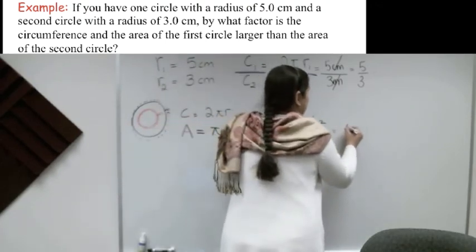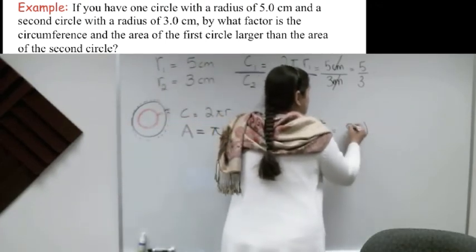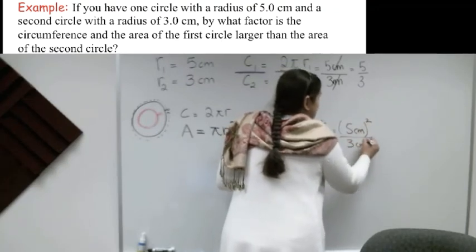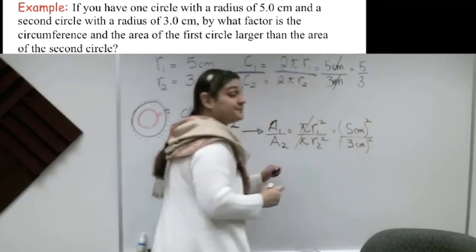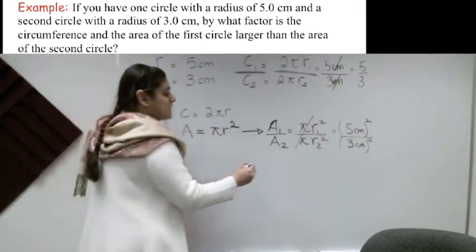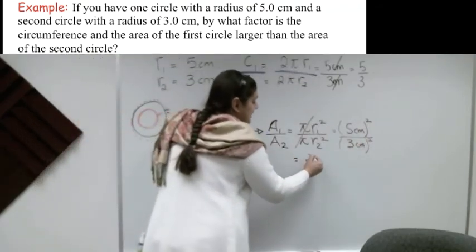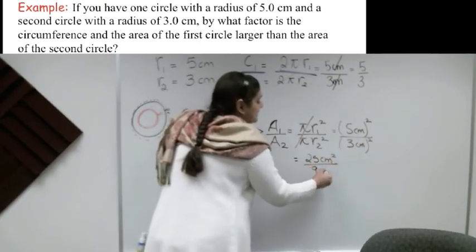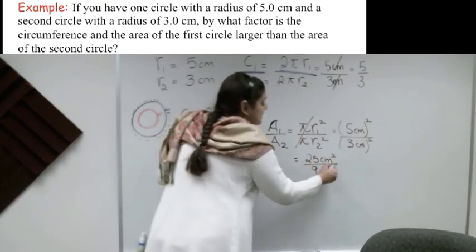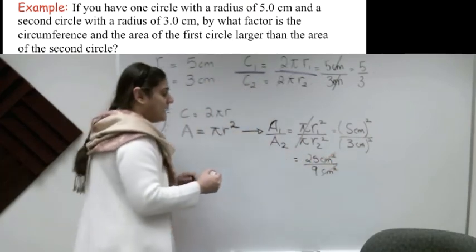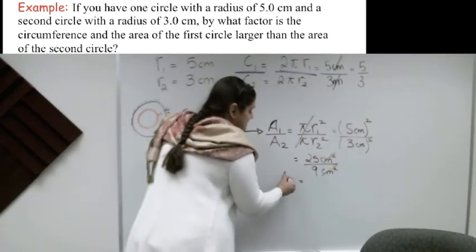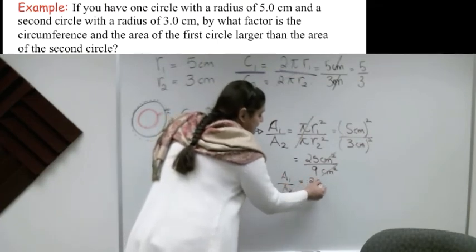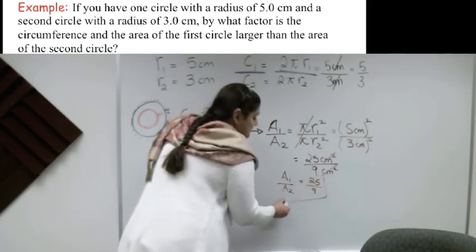I have 5 centimeter squared divided by 3 centimeter squared. 5 centimeter squared will give me 25 centimeters squared divided by 9 centimeters squared. The centimeters will go away, and my answer is area 1 and area 2 are proportional by this factor.